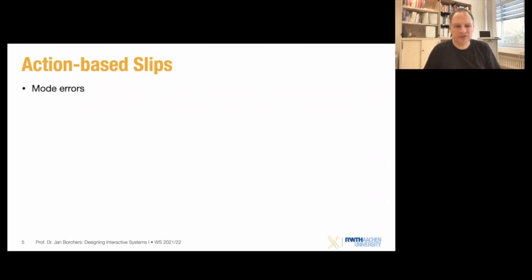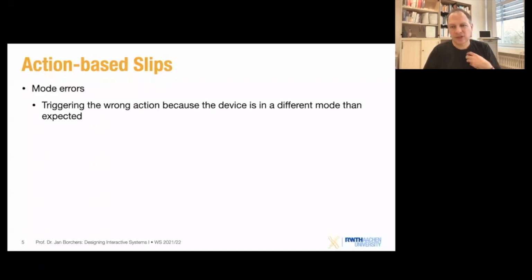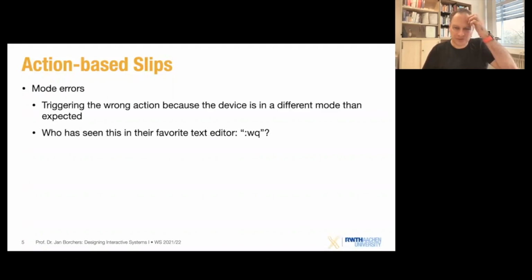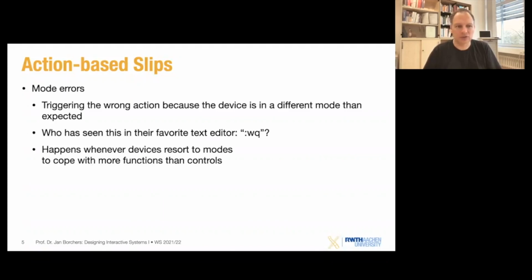We have mode errors as the next case, and we've been over these, so I'm going to go quickly just to remind you. You trigger the wrong action because the device is in a different mode than what you originally expected. For example, the write-quit example we talked about triggers when somebody types that into their vi editor buffer because they didn't notice that they were still in text entry mode rather than command mode.